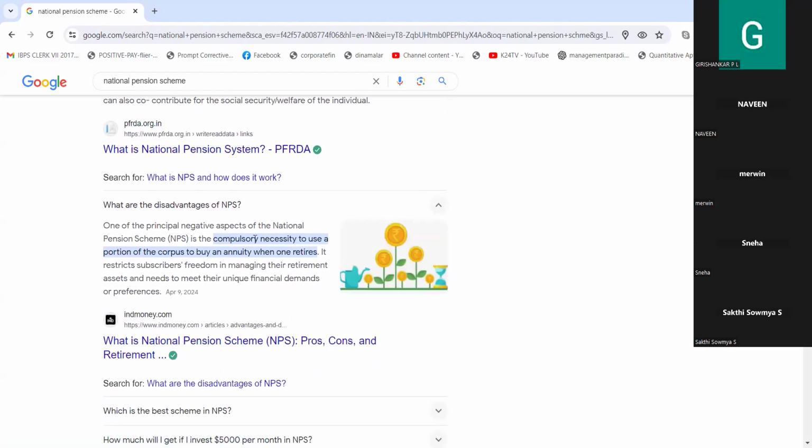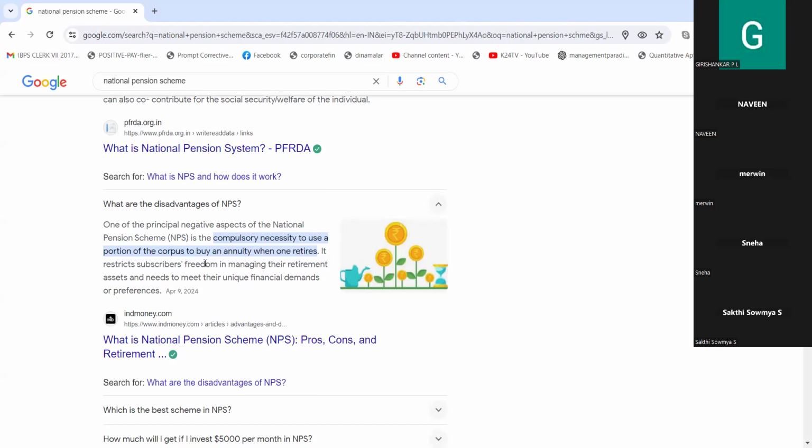One of the principal negative aspects of the National Pension Scheme is the compulsory necessity to use a portion of the corpus to buy an annuity when one retires. It restricts subscribers' freedom in managing their retirement assets and meeting their unique financial demands or preferences.